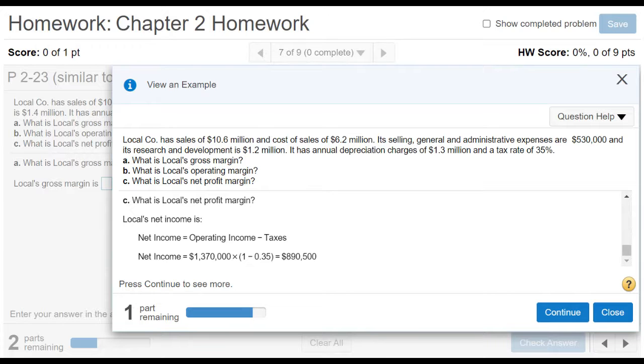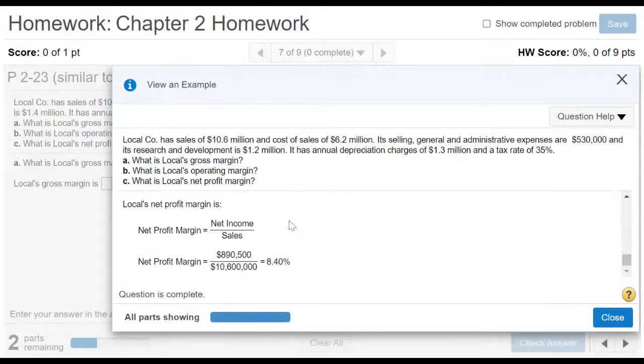That's going to be 890,500. After you do that, you say 890,500 divided by 10.6, and you're going to get 8.40%. Okay?